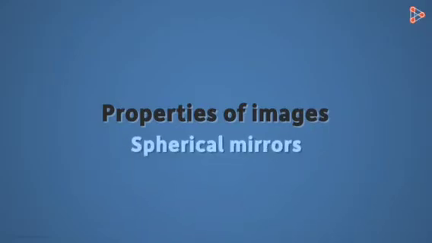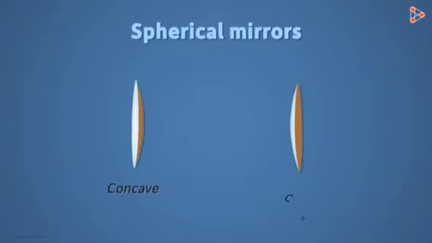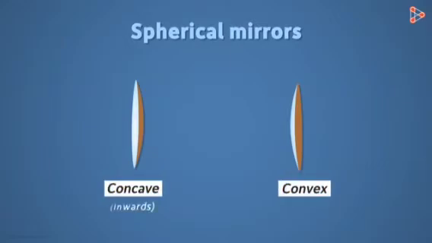But before that, we need to define certain terms related to spherical mirrors. So let's do that. Both the mirrors are placed like this: concave mirror on your left and convex mirror on your right. I'm going to define the terms for both these mirrors: concave inwards and convex outwards.